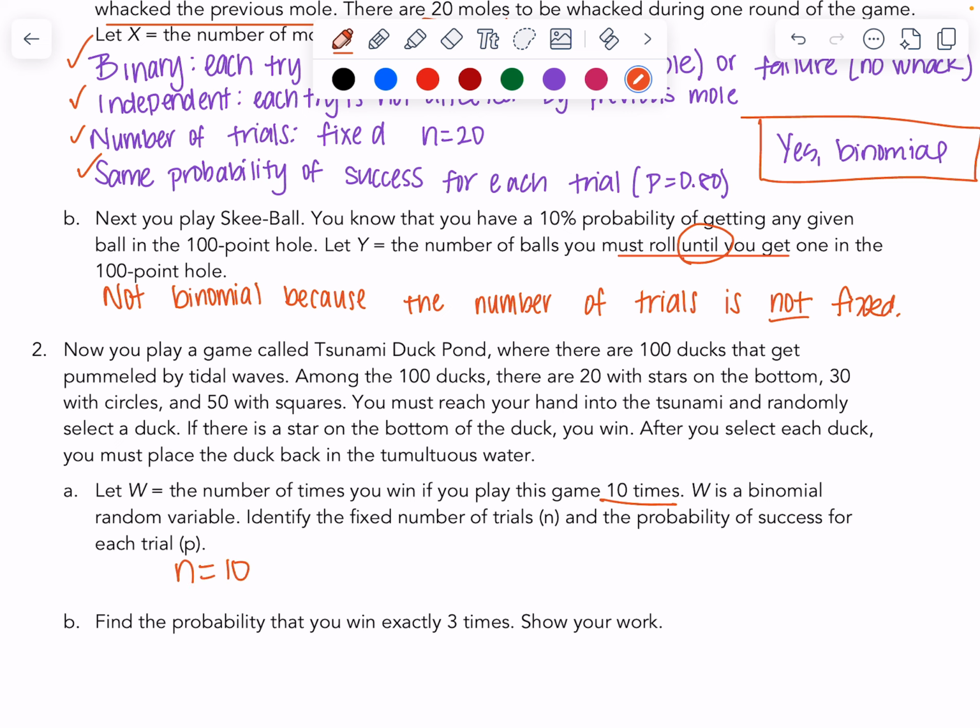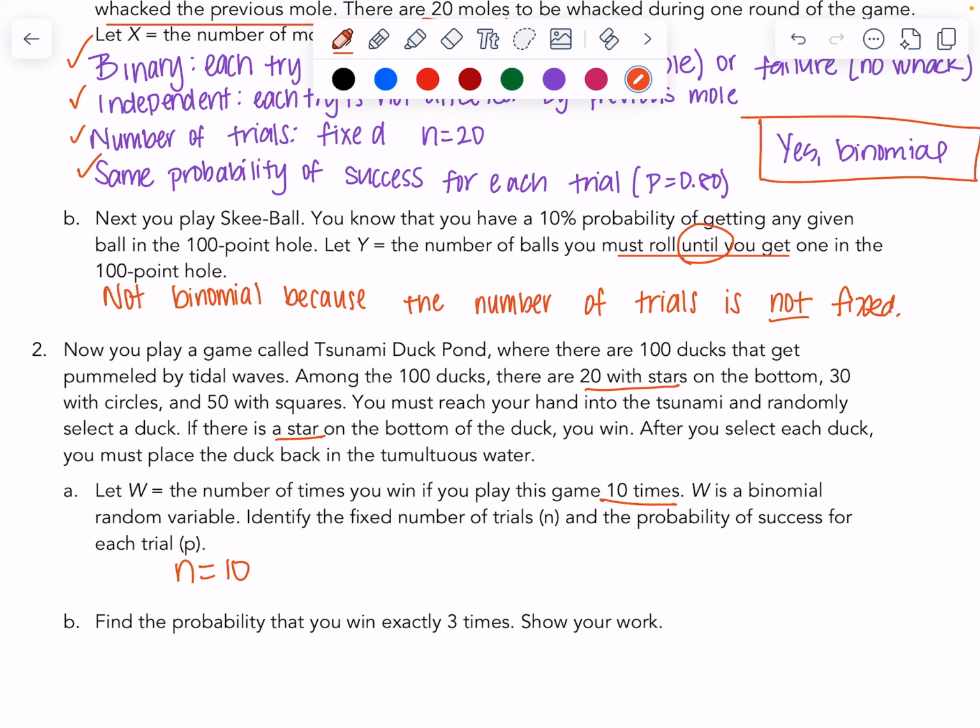The probability of success, well, in order for us to be successful, we have to select one with a star. So stars, there are 20 of them. And then the rest, even though there are 3 categories of ducks here, the success is going to be the one with stars, and the failure is going to be if we selected a duck with circles or squares.